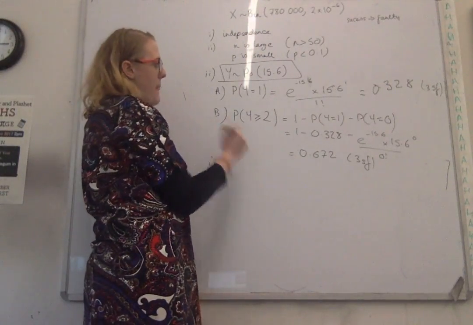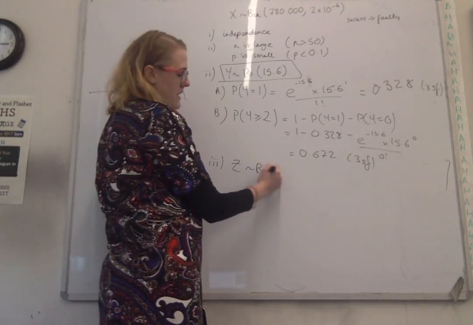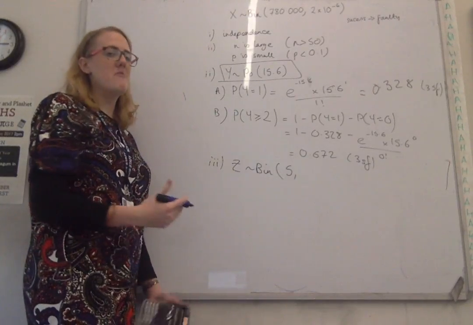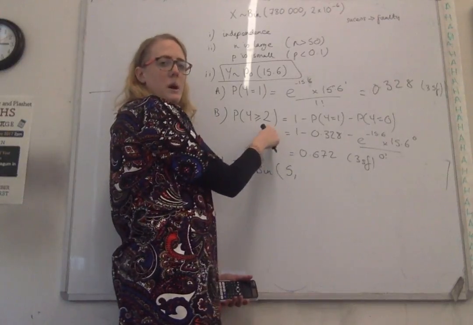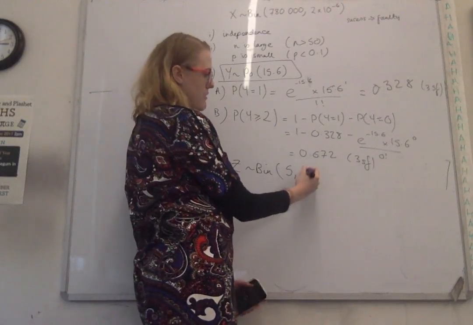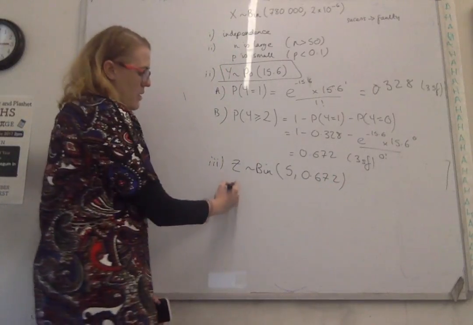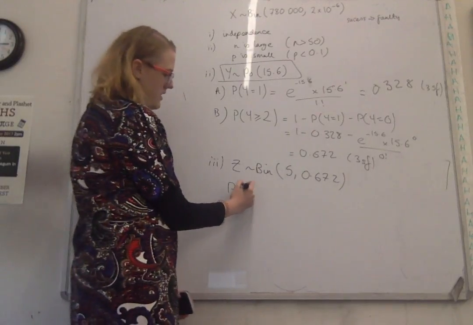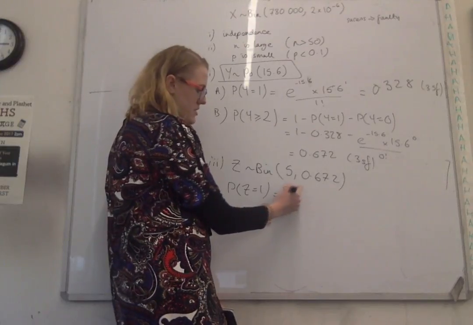So that becomes a new variable, which I'm going to call Z, and this variable is binomially distributed with 5 screens, and the probability of success becomes there being at least 2 pixels faulty, so that becomes this probability here, 0.672. And I wanted the probability that exactly 1 of these, so again, just putting that in the binomial distribution.